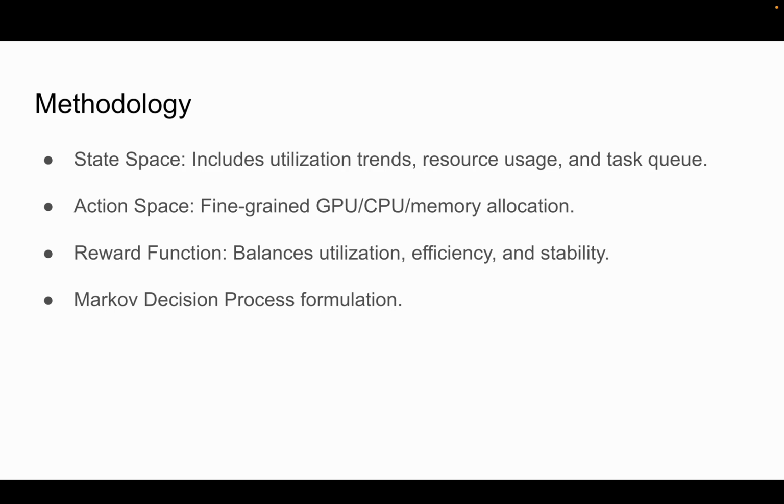The action space allows fine-grained controls over the GPU, CPU, and memory allocation, while the reward function penalizes overutilization and rewards balanced, efficient scheduling. Initially, we experimented with PPO and DQN, but switched to SAC for its ability to handle continuous action spaces, faster convergence, and improved stability.